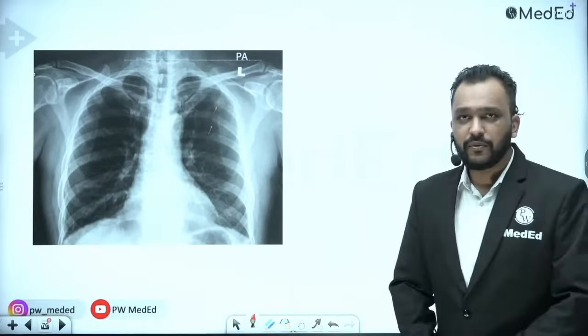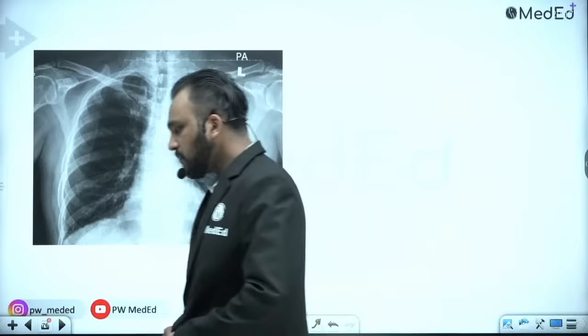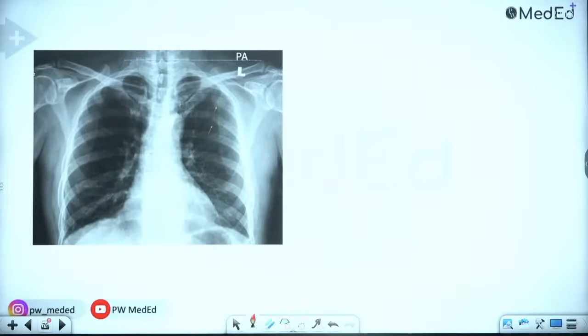One more, a very interesting X-ray. Let me see who is able to identify what are the findings in this X-ray. Just look at this X-ray carefully. Just look at all the normal things that I told you, whether it was lung fields, your CP angle, your heart, hidden areas of the lung.